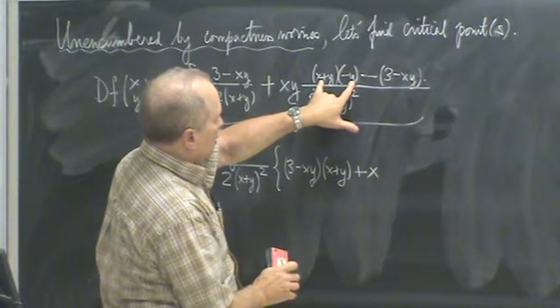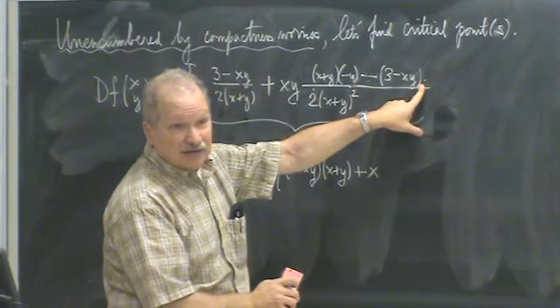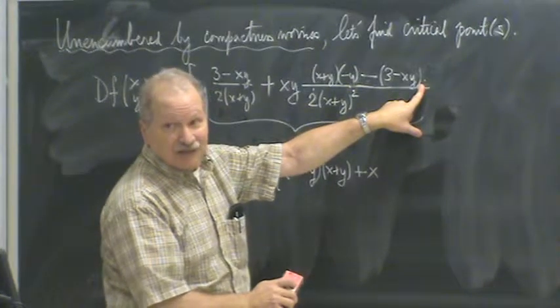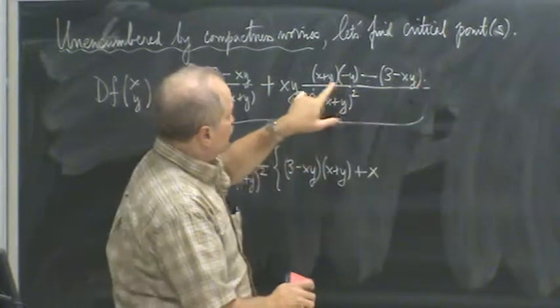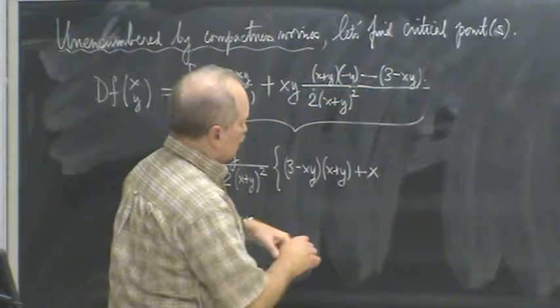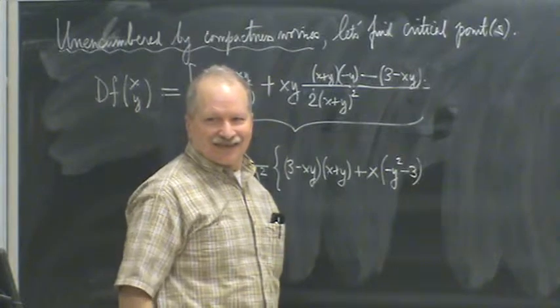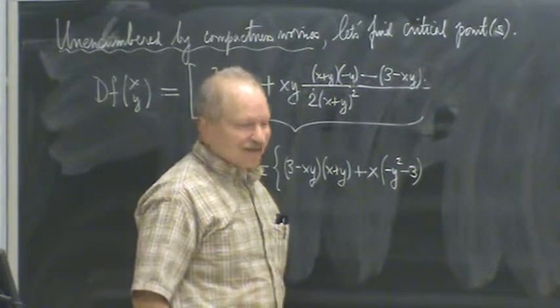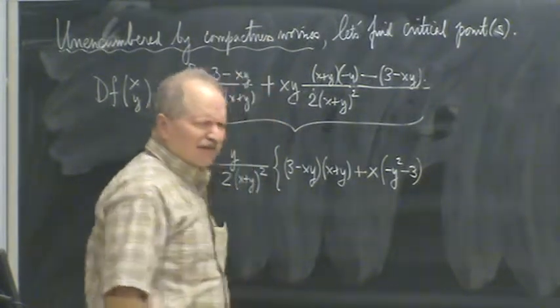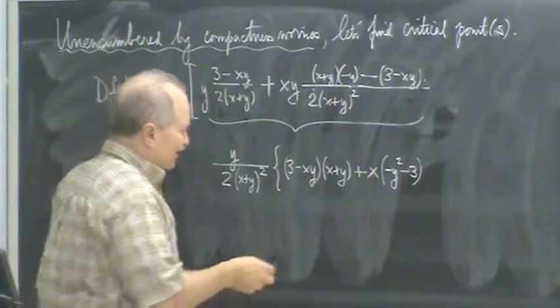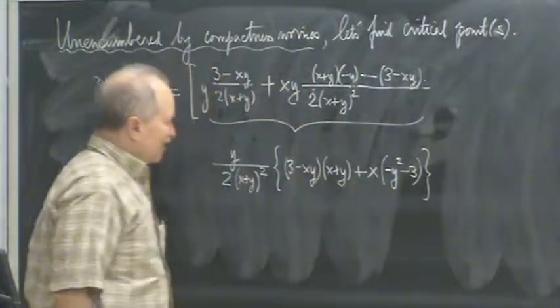Negative xy, positive xy. Agreed? So I'm left with negative y squared minus the rest. You're playing with fire, trying to simplify during your expansion. Doing too many steps at once. So dead.